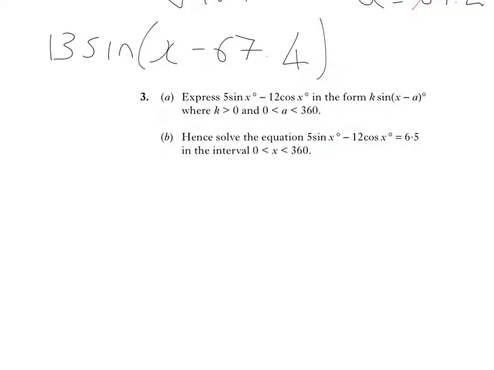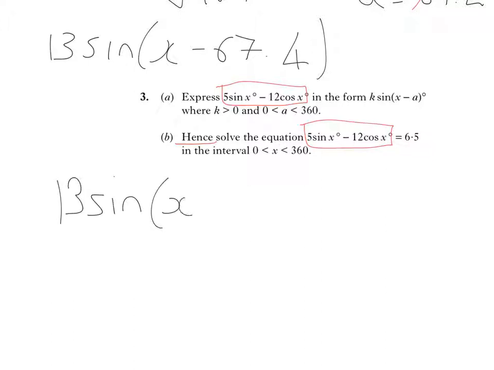Part B is now asking for me to solve the equation 5 sin x minus 12 cos x equals 6.5. So hence means I take the result from up above. So that's been now written as 13 sin x minus 67.4, and I'm going to make that equal to 6.5.